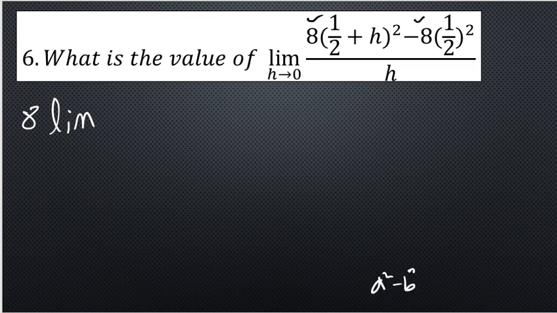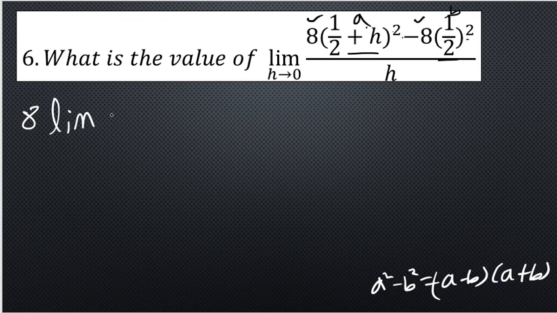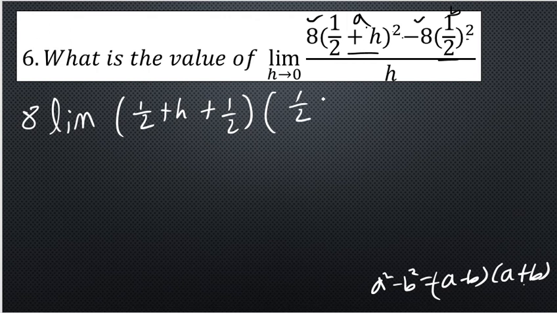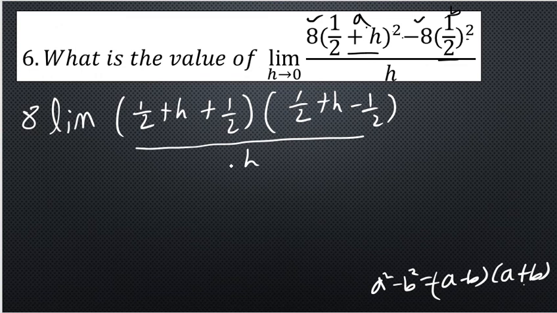a squared minus b squared is equal to (a minus b) times (a plus b). So we can write it like this. If you take the first one as a and this one as b, then a squared minus b squared, because each is squared. When I write it that way, it's going to be (1/2 plus h plus 1/2), like a plus b, and a minus b, I'm writing, times (1/2 plus h minus 1/2), the whole over h, which will not be forgotten, as h goes to 0.